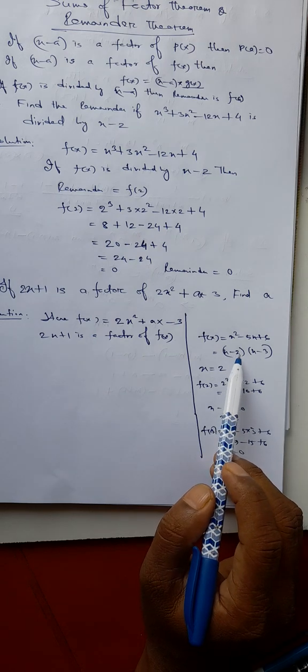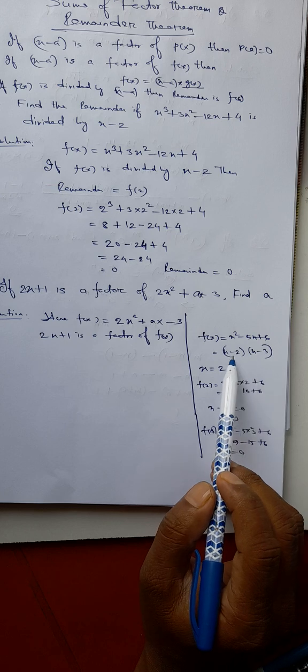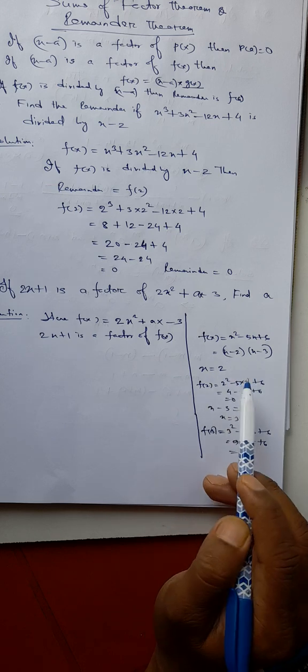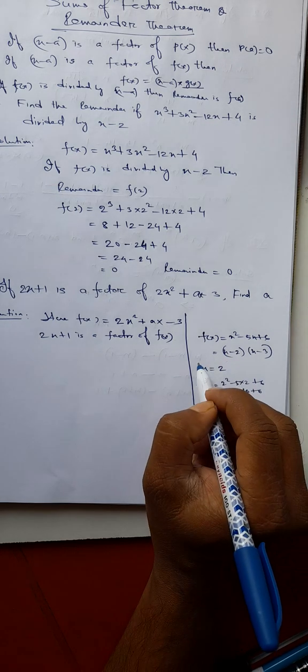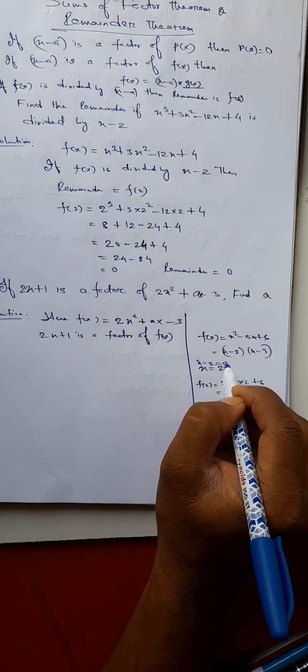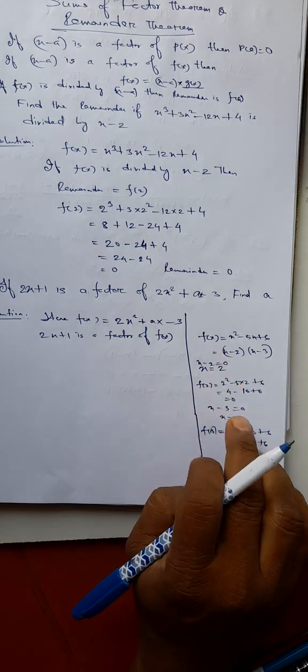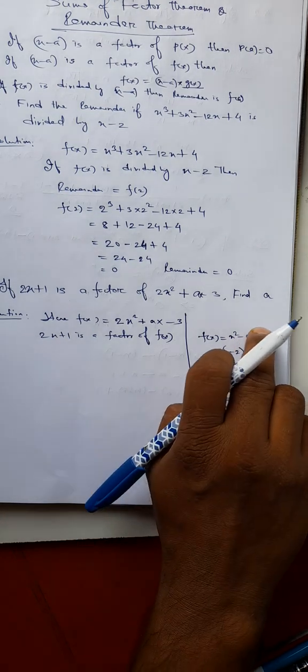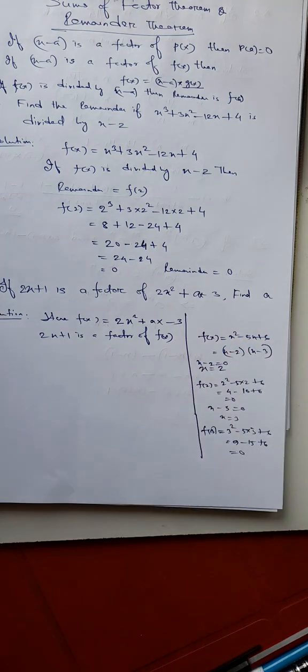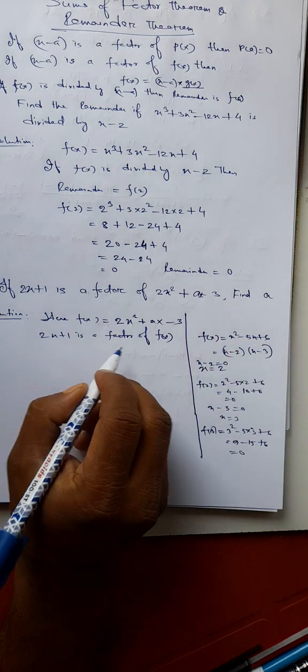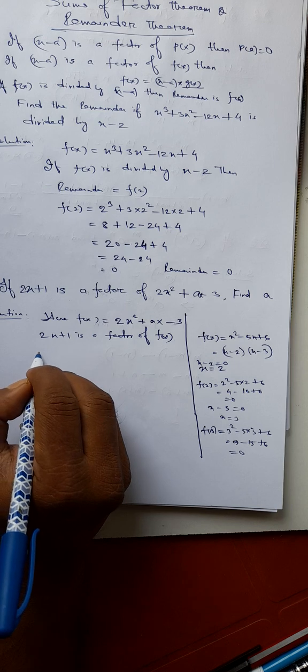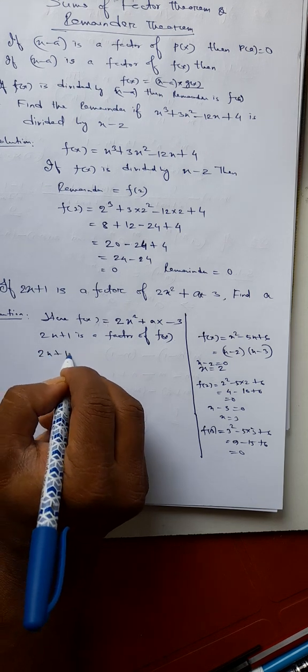So you conclude that if x minus 2 is a factor of the polynomial f(x), then the solution of the equation x minus 2 equal to 0 will also be a solution of the equation x square minus 5x plus 6. Now, 2x plus 1 is a factor of this polynomial. Therefore, 2x plus 1 equal to 0.